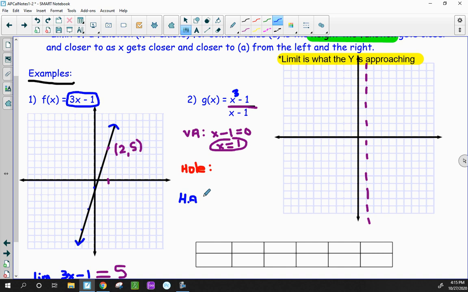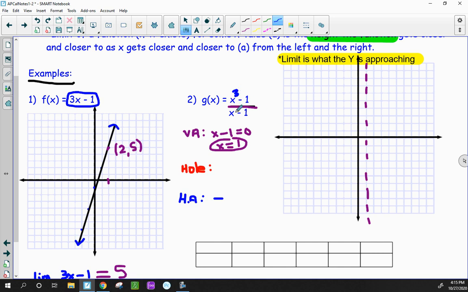And that is found by looking at the power on x on top and on the bottom, and then making the call as to what we think it's going to be. Based on pre-cal, when the power on top is bigger than the power on the bottom, it's going to stretch and there's not going to be a horizontal asymptote.